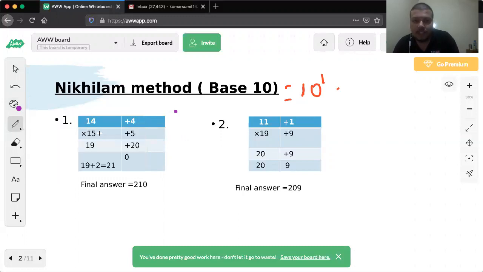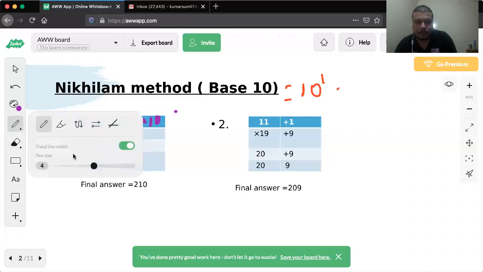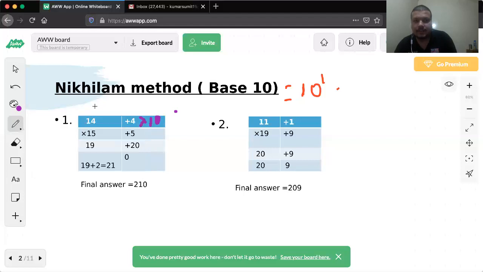For example, 14 into 15. We have to multiply the two-digit numbers 14 and 15. 14 is plus 4 greater than 10. 15 is plus 5 greater than 10.